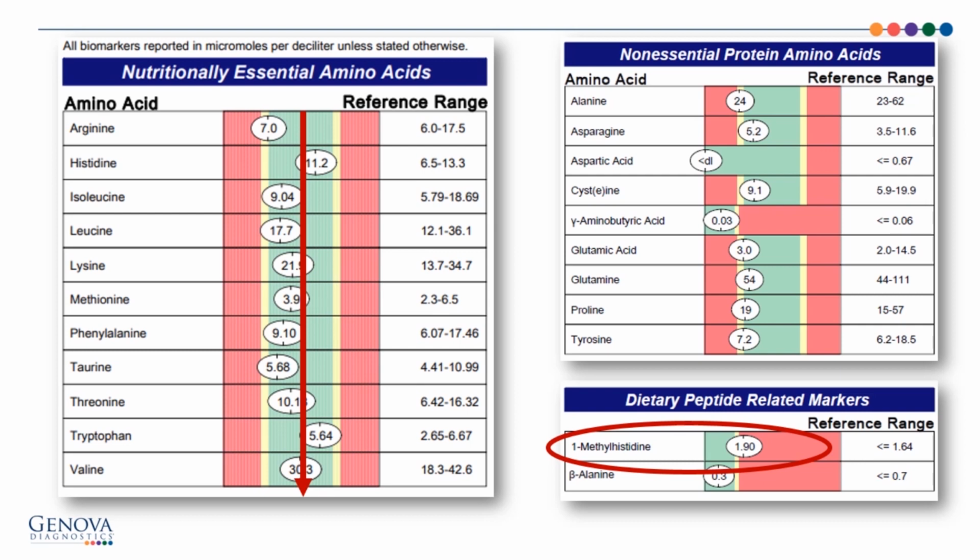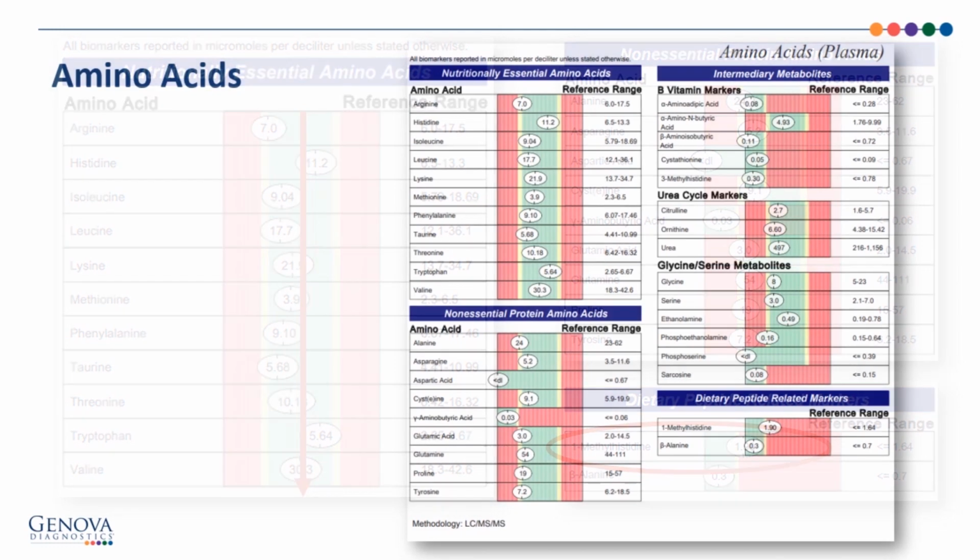That tells me that the patient is likely eating a pretty high protein diet. I know the protein diet that she described was more moderate, but we see evidence here from fish, fowl, or meat that it's higher than that. And yet the essential amino acids pattern does not reflect a high dietary intake of protein. The algorithm will look at this and make a recommendation, a moderate recommendation for pancreatic enzyme support.